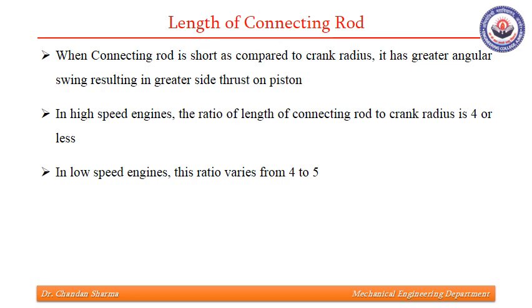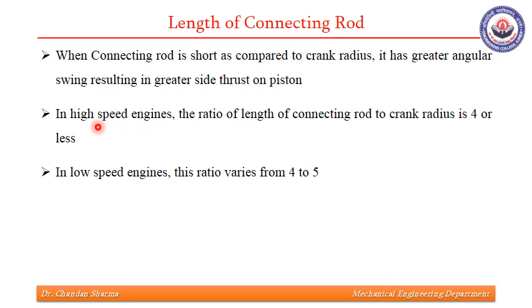Let us talk a bit about length of connecting rod. When connecting rod is short as compared to crank radius, it has greater angular swing, resulting in greater side thrust on piston. This means that length of connecting rod has useful implications on the forces that are about to be encountered.